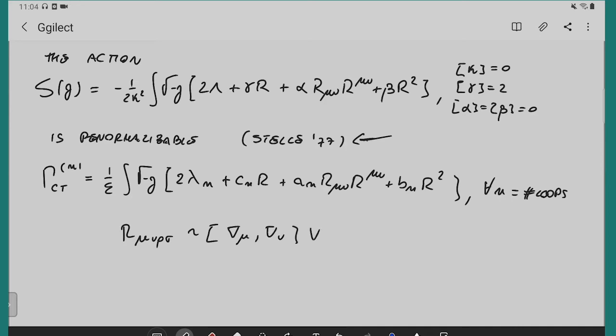So if you have something like this, maybe I don't want to make mistakes with the indices, but it should be something like this. So this is similar to QCD. The commutator of two covariant derivatives gives you F mu nu.